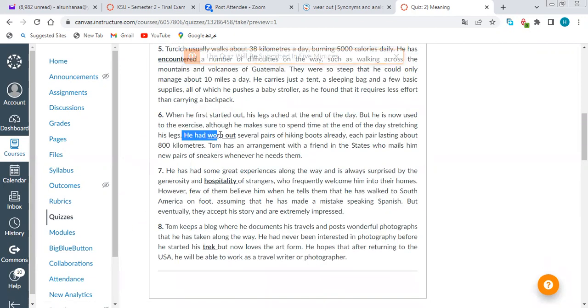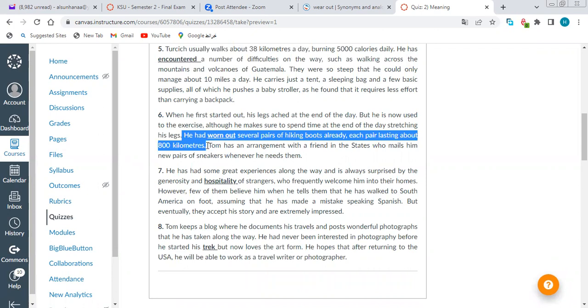Here it says, he had worn out several pairs of hiking boots already, each pair lasting about 800 kilometers.